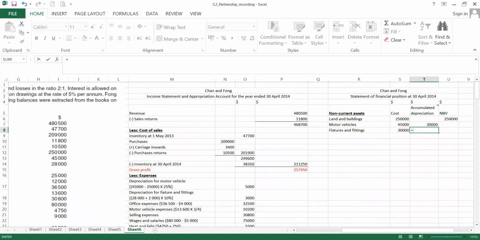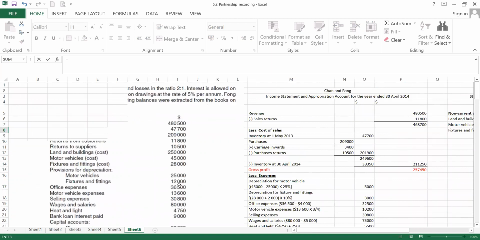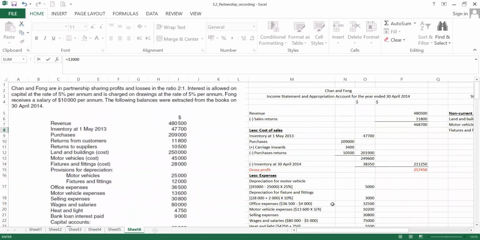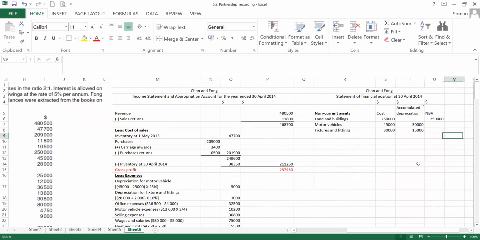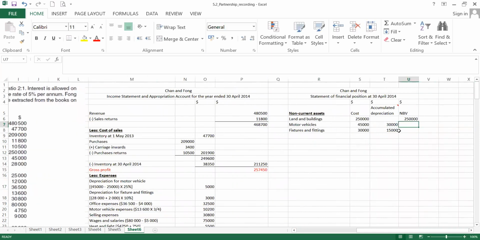For furniture and fittings it is 12,000 plus 3,000 for the current year, total 15,000. We take cost minus accumulated depreciation to get the net amount for the assets, then the subtotal of the individual column.